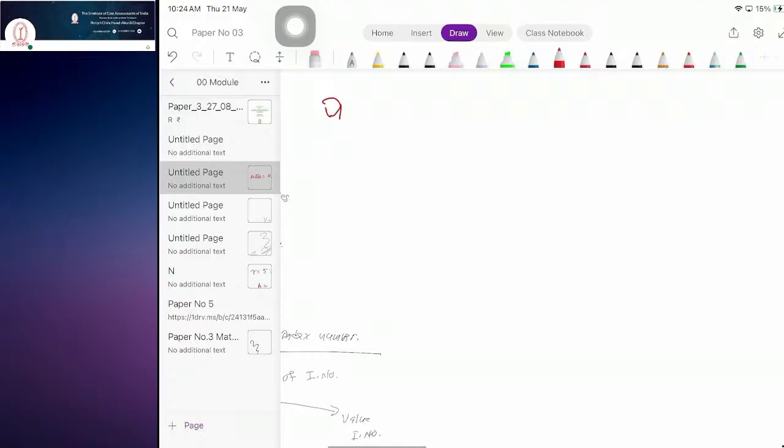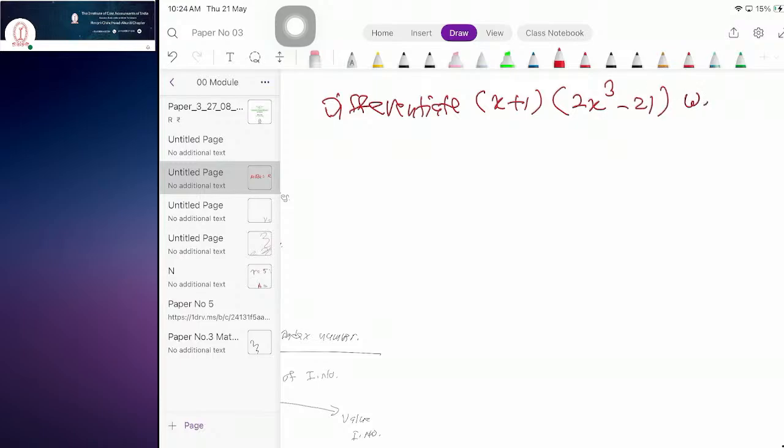Differentiate (x plus 1) in one bracket, and in another bracket (2x cube minus 21), with respect to x. So this term we will call u, this term we will call v.